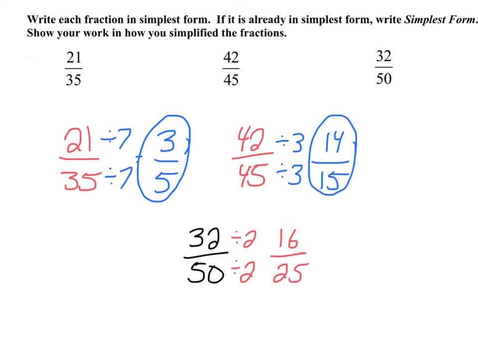In simplifying fractions, sometimes you can do several rounds of dividing before you've divided out all the common factors. In this case, 16 can be divided by several things, but unfortunately none of them are the same that can go into 25. So they don't have any other factors that they both have in common. So my answer is 16 25ths. And that's how we use factors to help us in simplifying fractions.